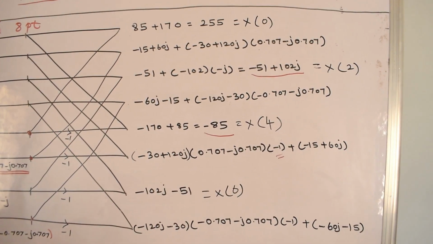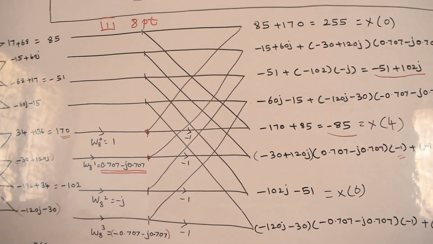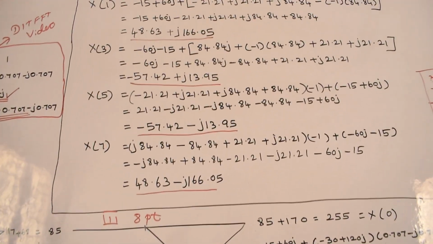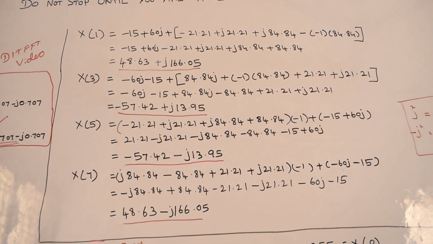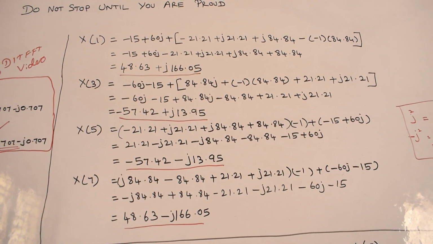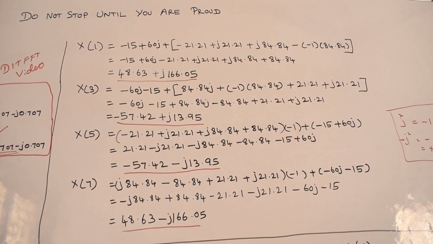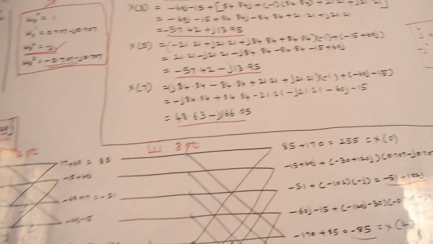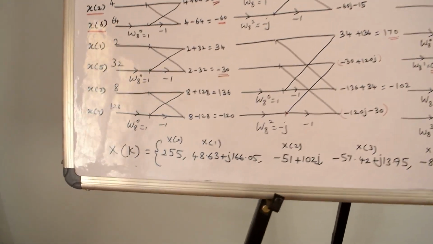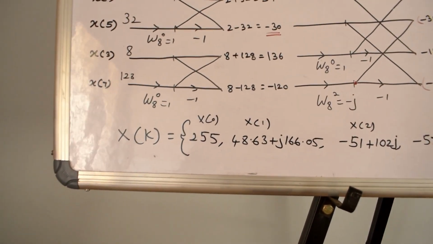Okay. Here I have solved the values of x of 1, x of 3, x of 5 and x of 7. And here it is your final x of k sequence.